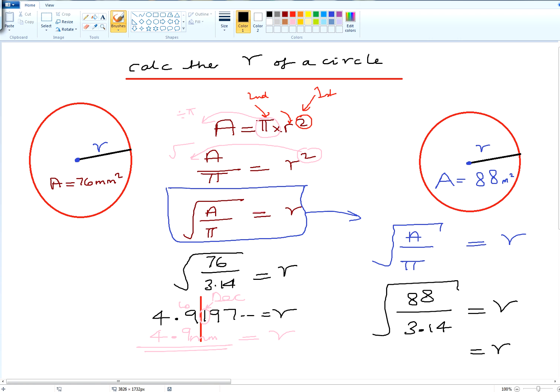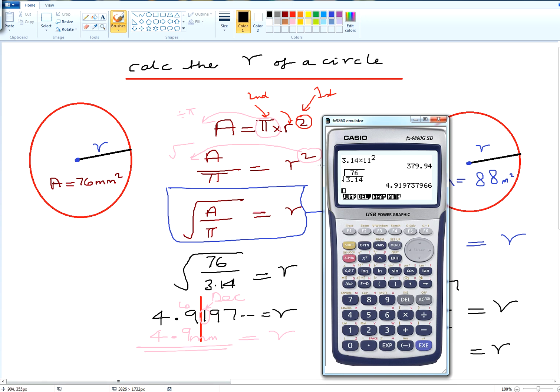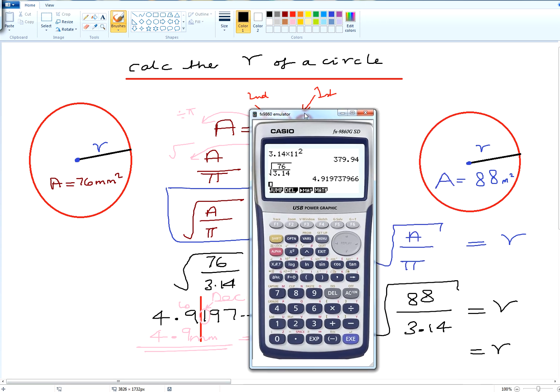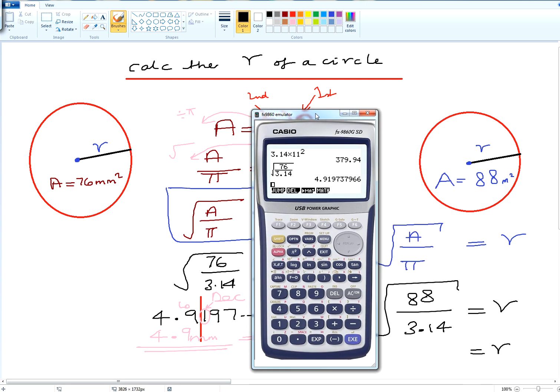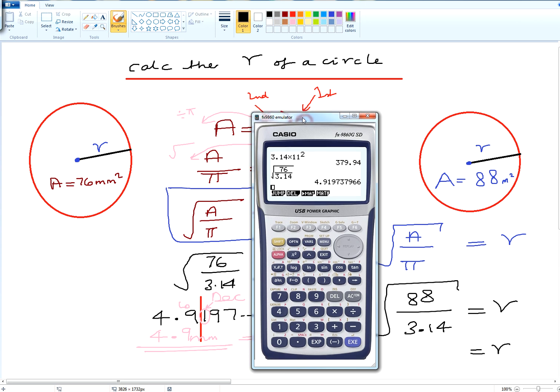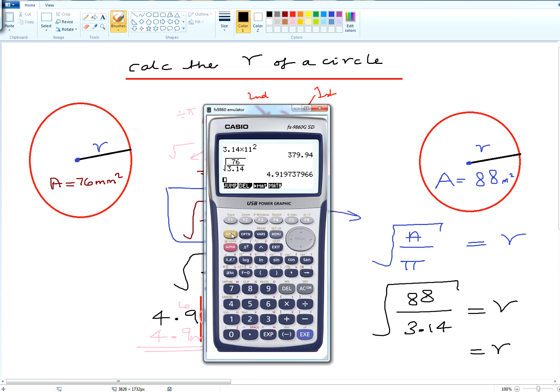So the radius is equal to, what we do here, you press shift, the square root symbol, fraction button, 88, replay, bring it to the bottom, and then 3.14 on the bottom.